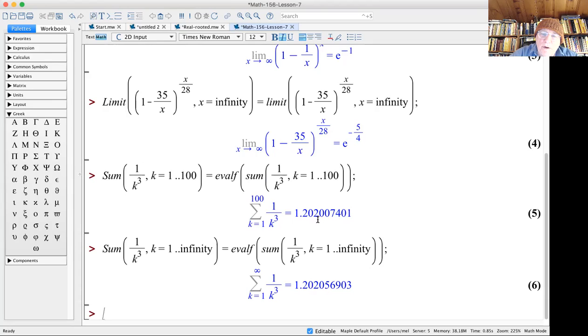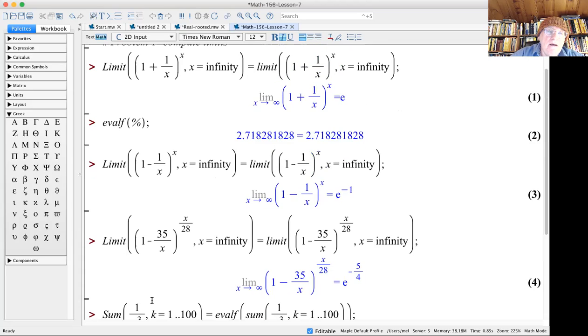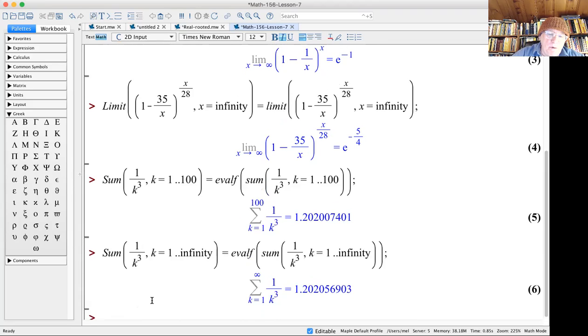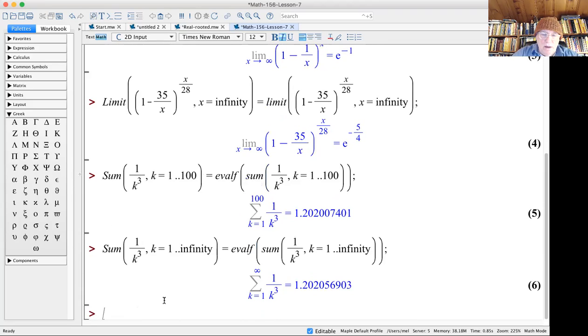It's a little bit bigger. They agree to 5 significant digits. Okay. That's problem 1.